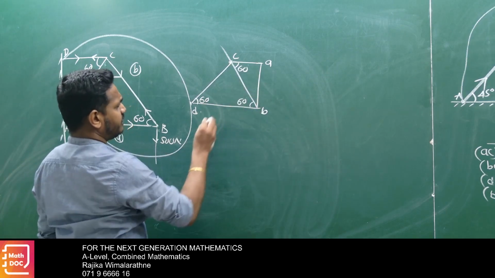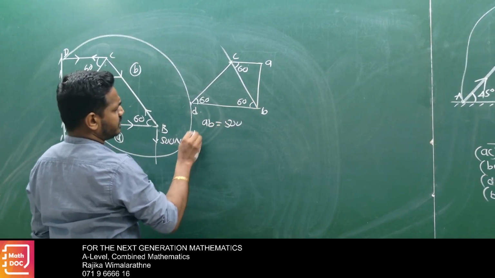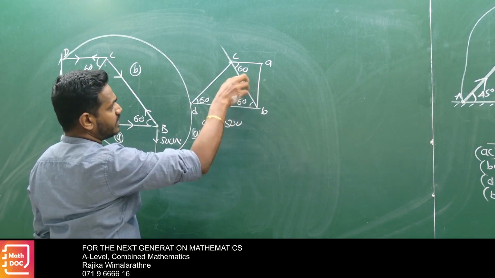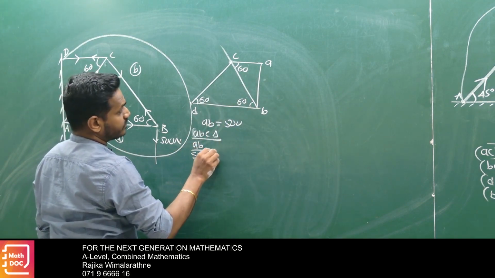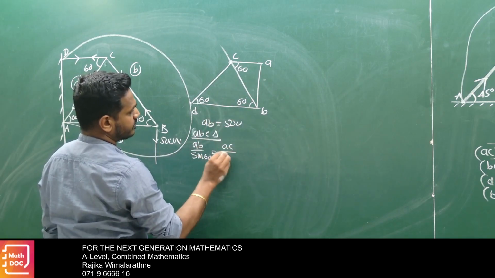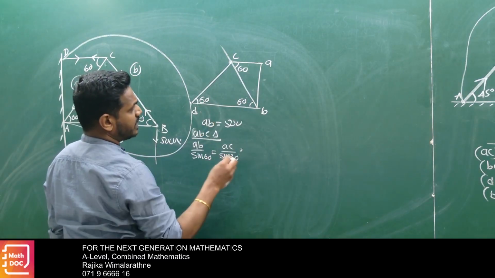Then consider AB 500, no? Consider ABC triangle: AB over sine 60, AC over sine 30, BC over sine 90.